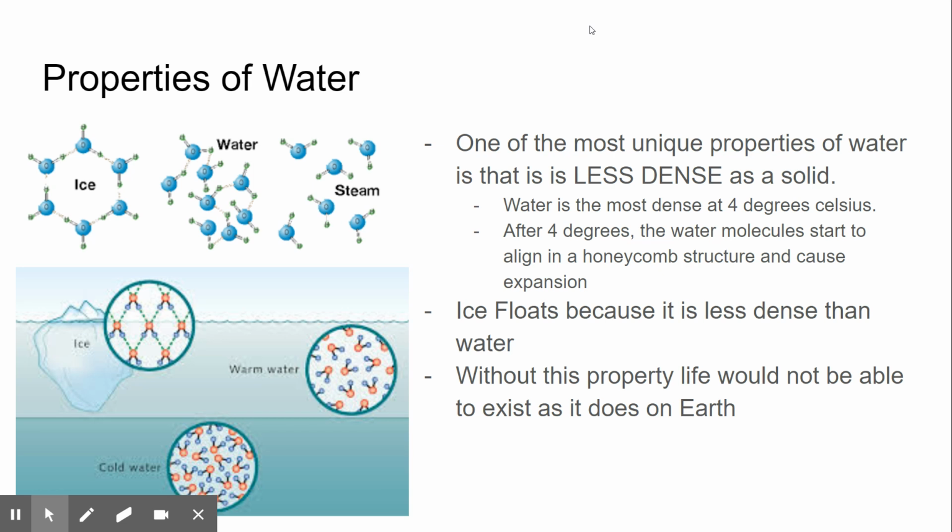However, water is the opposite. Water is a really strange one. There's not too many liquids that are more dense than their solids. Now, water is actually most dense at 4 degrees Celsius.